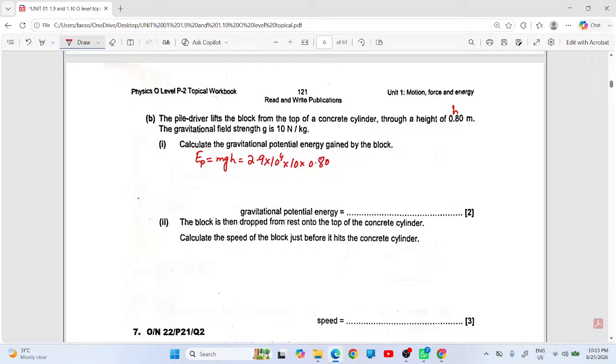So 232 followed by 3 zeros. This is 2.3 times 10 raised to power 5 joules.